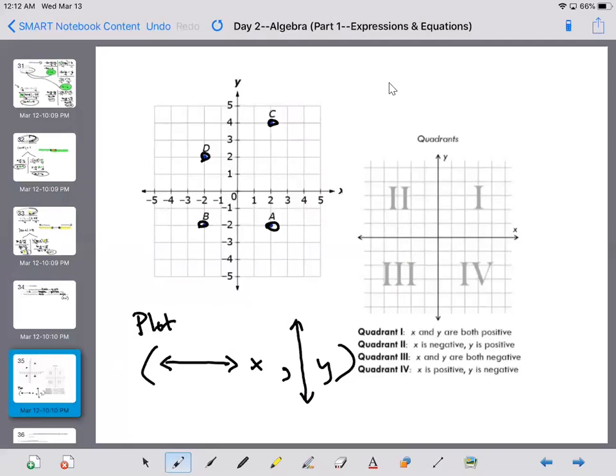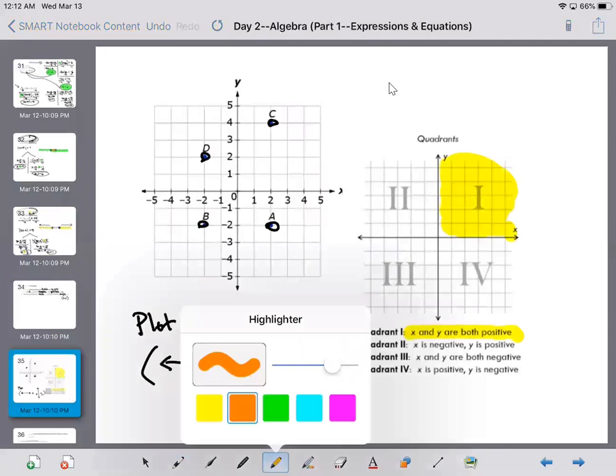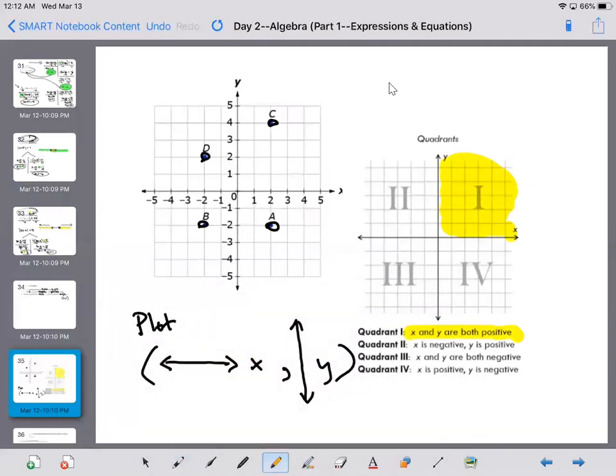Quadrant 1, notice that everything in this region, X and Y, are both positive. Everything in quadrant 2, notice that every X is negative, but the Y is positive.